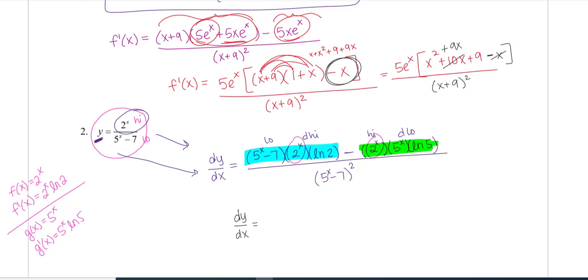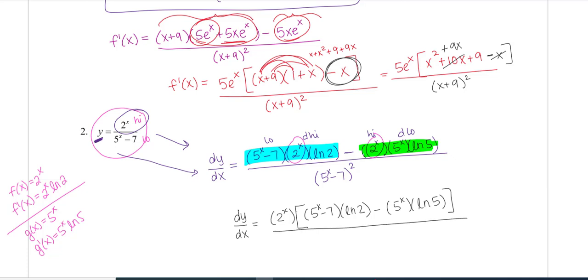This derivative is, I'll factor out a 2 to the x, and that's really all I can factor out actually from that numerator. So I have 5 to the x minus 7 and natural log of 2 in my first term left over, and just that 5 to the x natural log of 5 in my second term. And then it's all over 5 to the x minus 7 quantity squared.